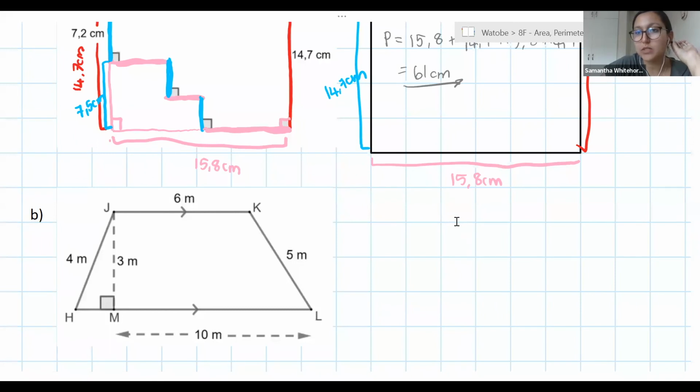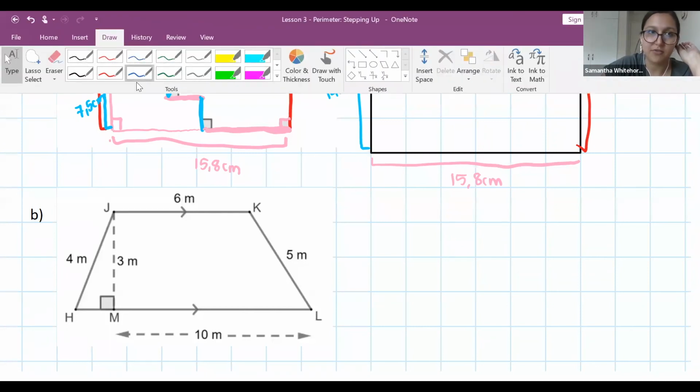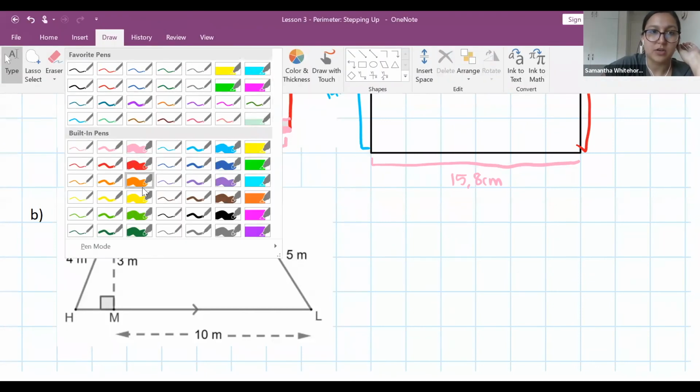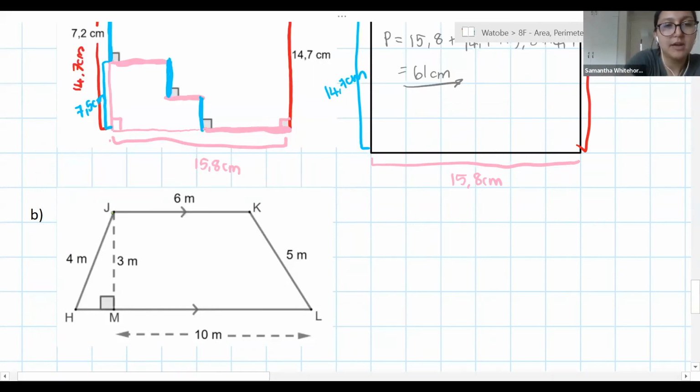Right, so again, we want the perimeter here. Again, what I want to do is check which lengths I have. So let's go through and have a look. Green. This JK length, I've been told is 6 meters, so I have that. KL, I've been told is 5 meters, so that's fine.